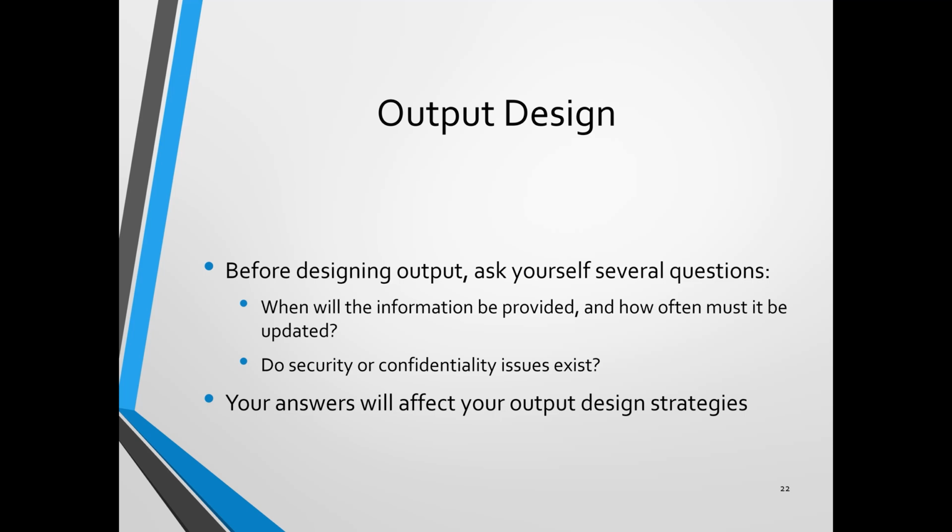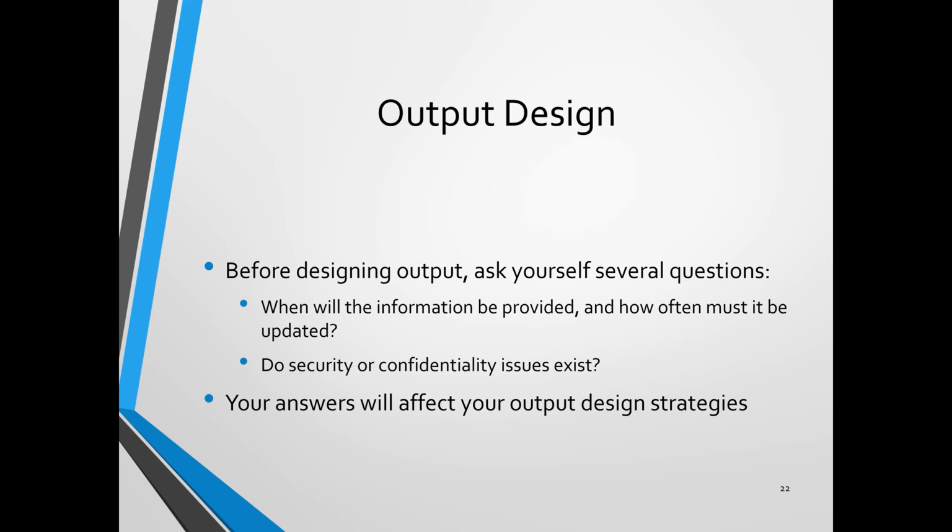How often must it be updated? For example, is it real-time, or is it month end that the information will be updated? So you have to know this nature of that output before you start designing things.